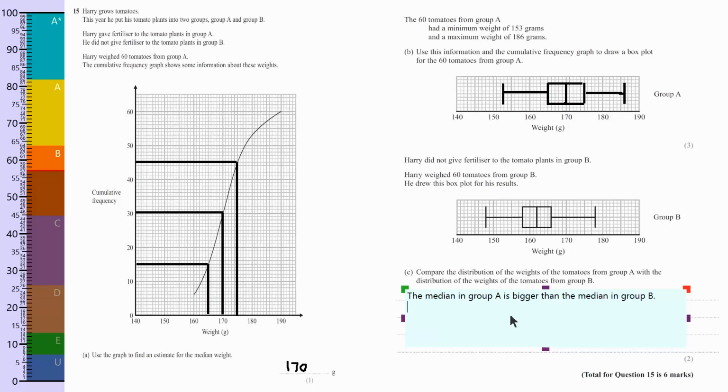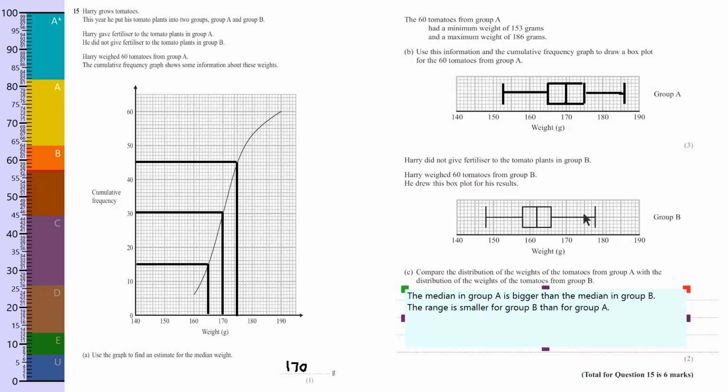So, the range is smaller for Group B than for Group A. Let's have a look, and you can see that the width of the overall box plot is smaller.